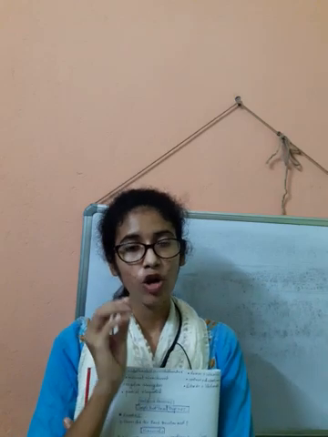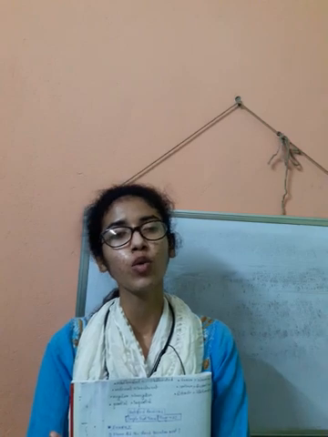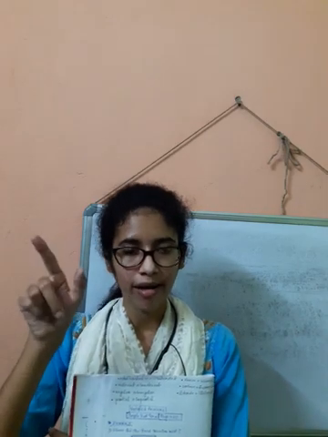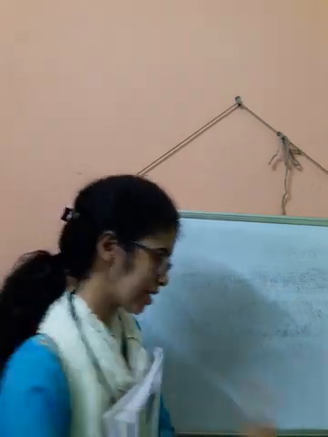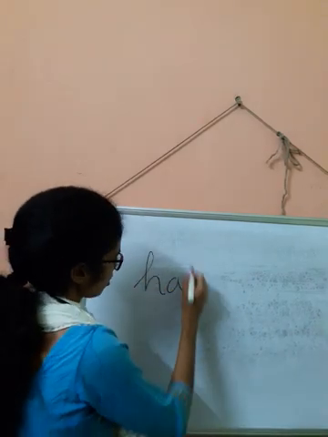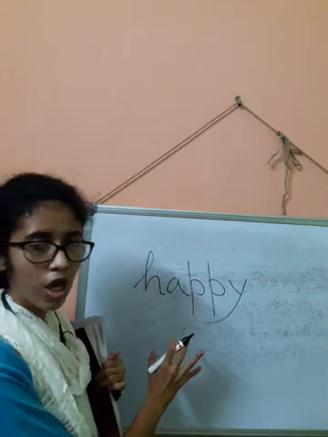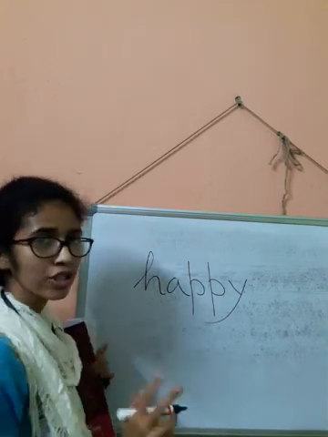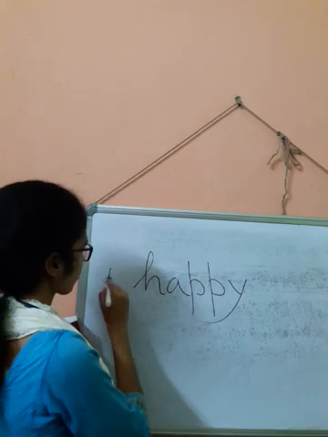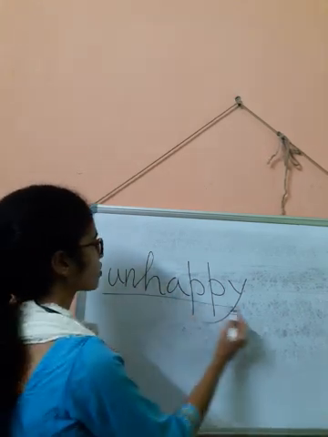Prefix is the affix. Affix means addition. The addition of a few letters at the beginning of a word to make a new word, such as happy. Happy is a word, but if we add two letters, un, before this word, it becomes a new word.